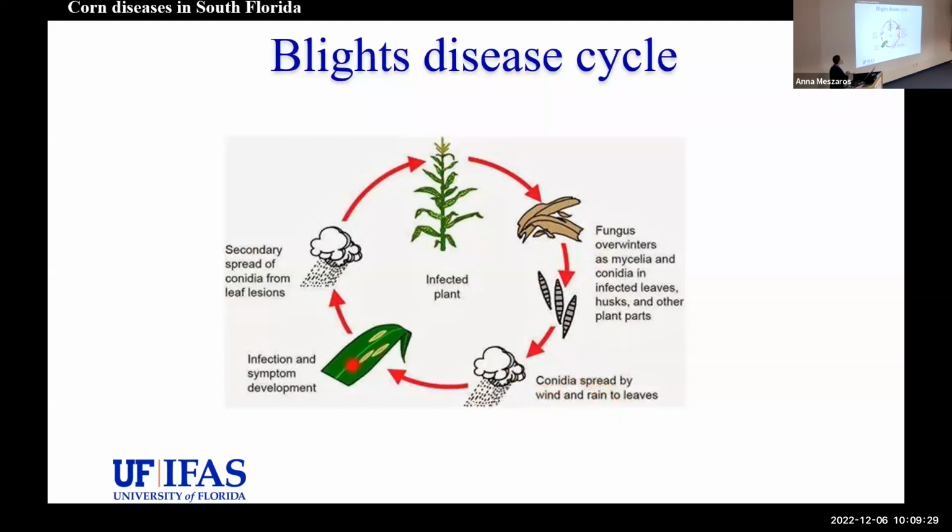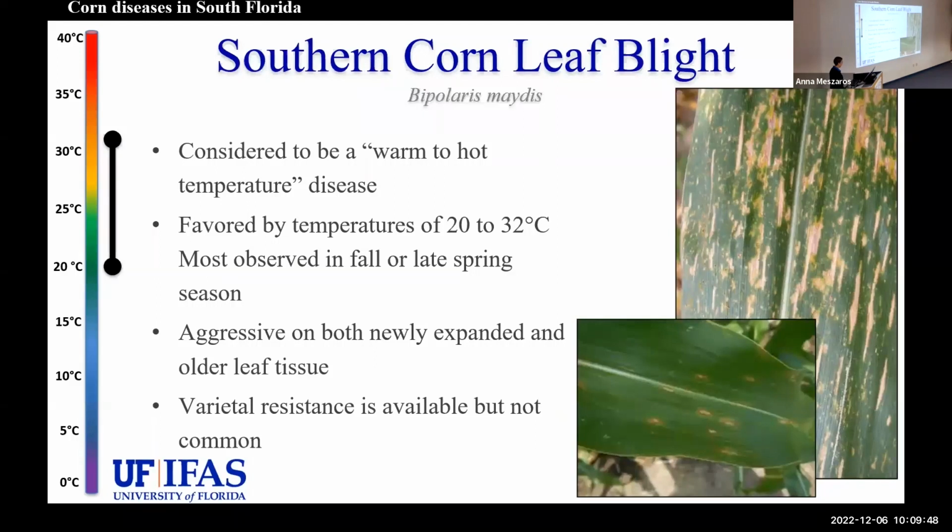Then it's going to land on a leaf surface and start the infection. That pathogen is going to sporulate, produce more spores. And then from that first infected plant, it can move to other plants in the same field, and it also can move to other fields.